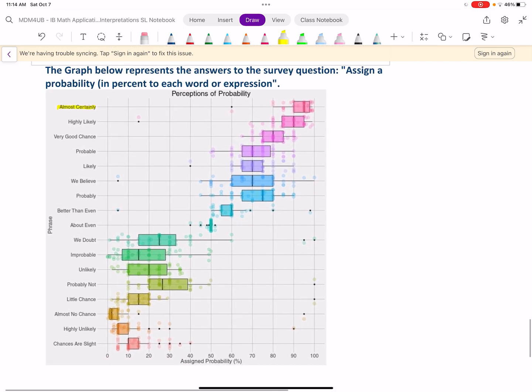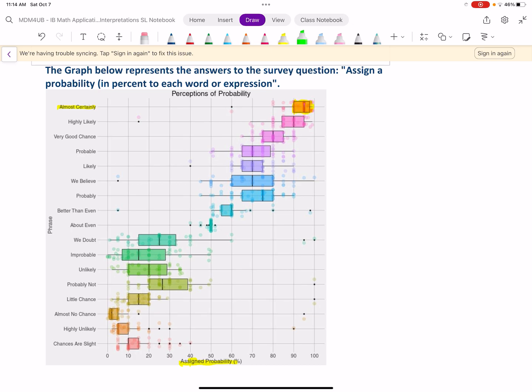So down here we have the assigned probability or percent. And here's the lower end. Q1 was 90%. So 75% of all people said 90 or greater percent to that expression.